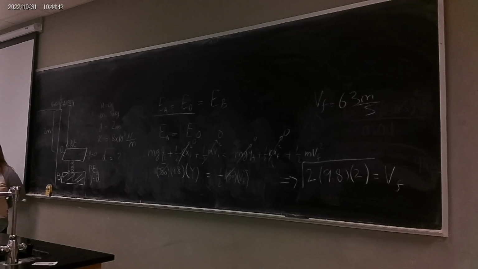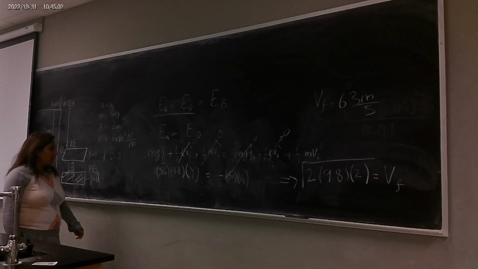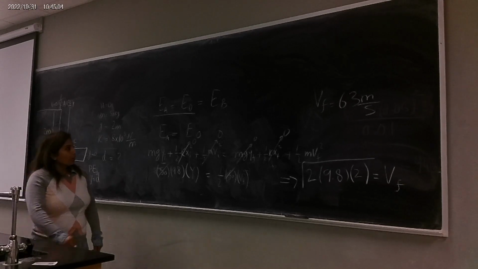But once energies are involved, it becomes very, very easy. So that is a new way of solving problems. There are several problems which you can solve using both methods, kinematics equations or energy equations. But usually it's very convenient to work with the energies. And in some cases, it's just the only way to solve the problem.